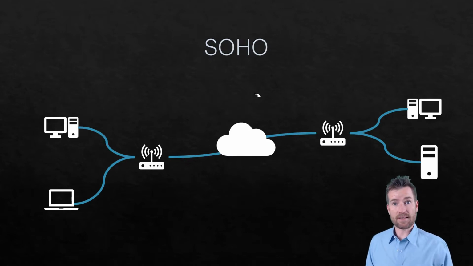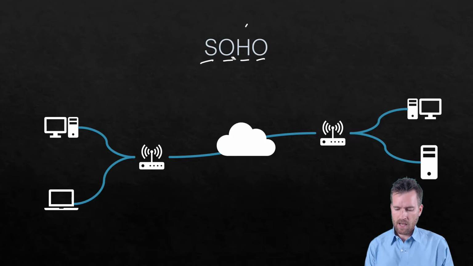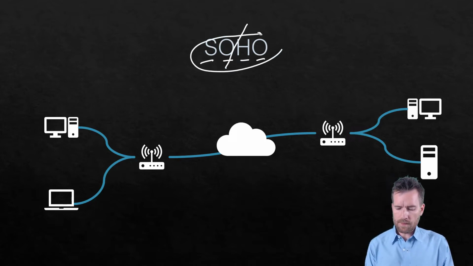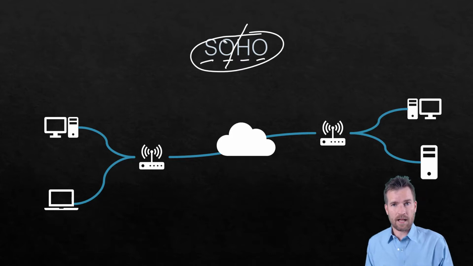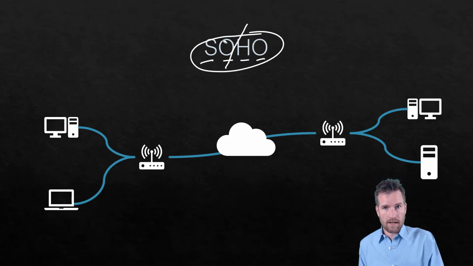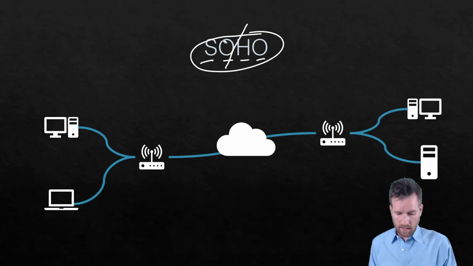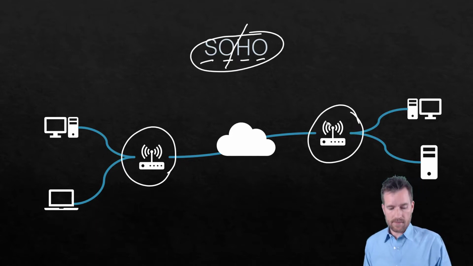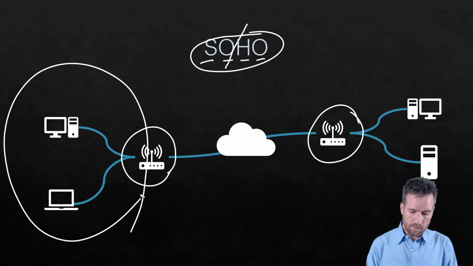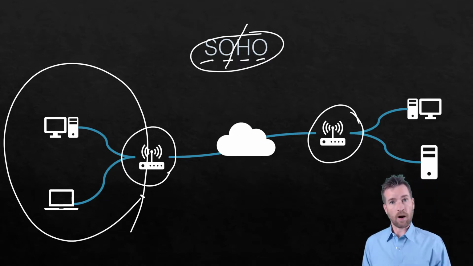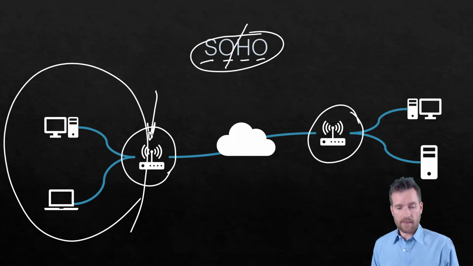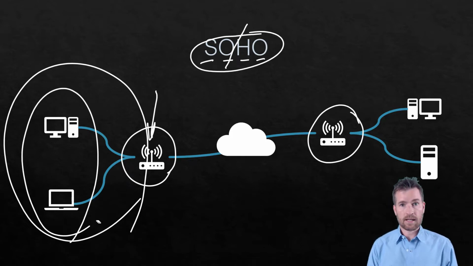Then we have a SOHO, or a small office home office. These are two different things, a small office and a home office, but we group them together because often a small office or a home office has a lot of the same equipment. It has a lot of consumer grade equipment on each side of it. Let's say this would be a home office. You are working remotely, working at home, and you have some sort of Wi-Fi router that your computers connect to.